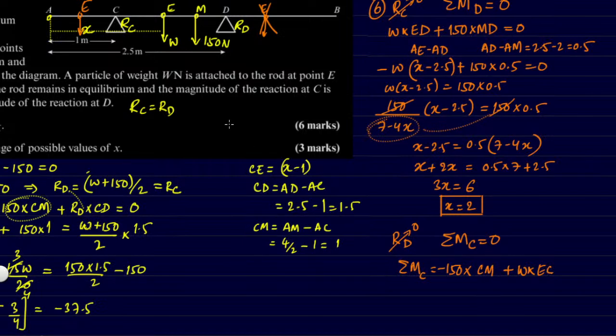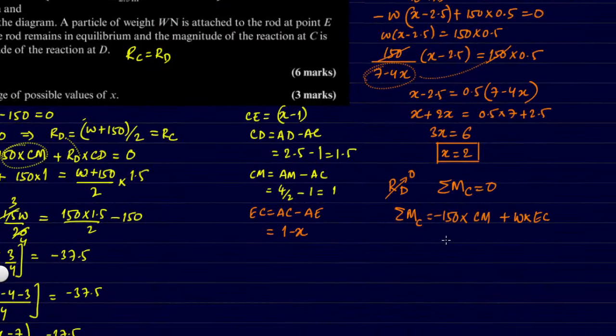And EC value. EC value is AC minus AE. AC is 1. So 1 minus x. Correct? Yes. So substitute these both. So total should be 0. Negative term sent to the other side.